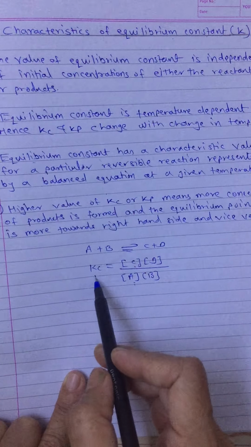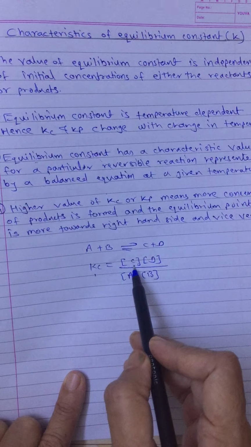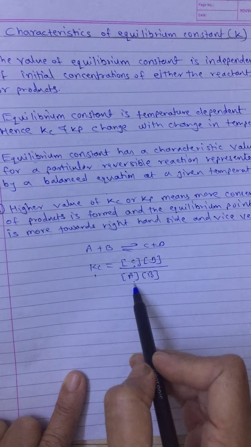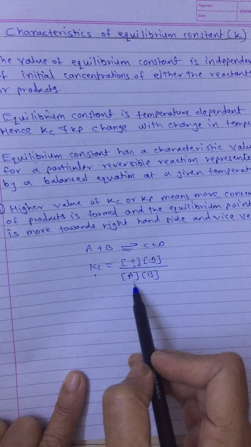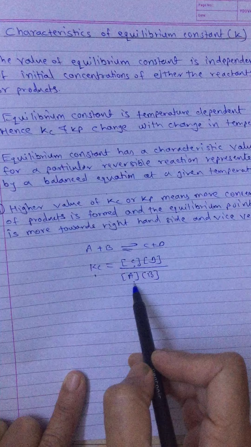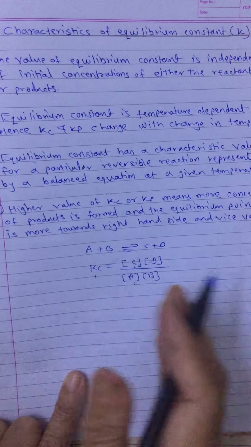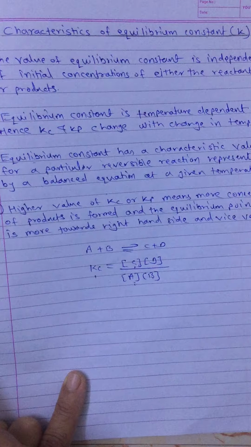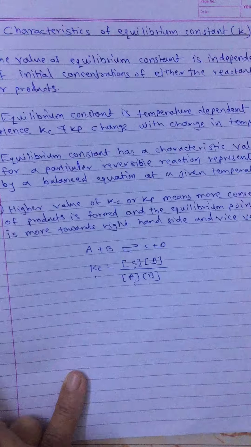If Kc value is less, means what? Concentration of products is less than concentration of reactants. Means at equilibrium, the reaction is more shifted towards left hand side. More reactants will be there. That is the meaning of it.